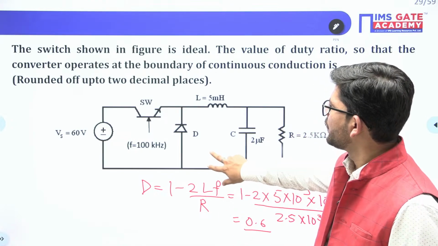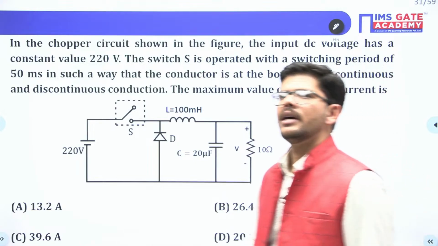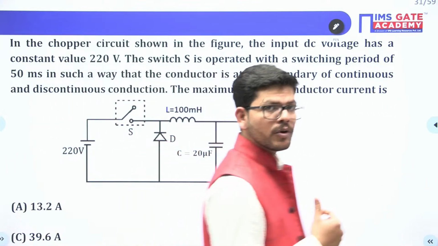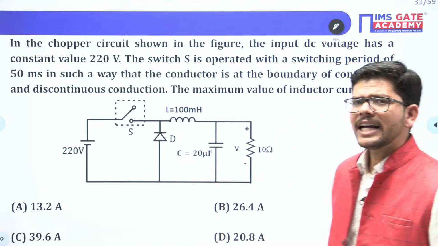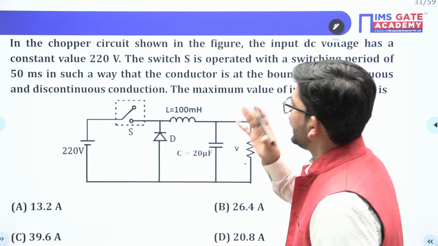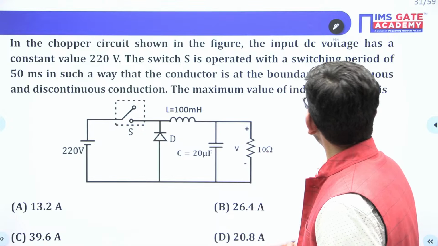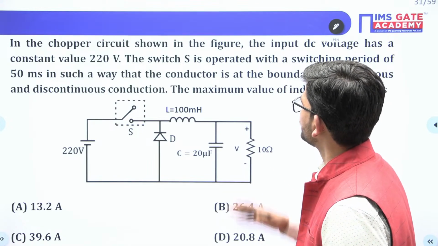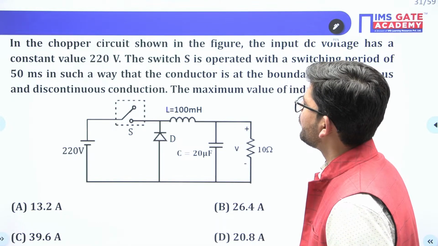Now by using this particular principle, let me see, are you able to solve this problem? What has been given in this problem is, in the chopper circuit shown in the figure, the input DC voltage has a constant value of 220 volt. The switch S is operated with a switching period of 50 milliseconds.